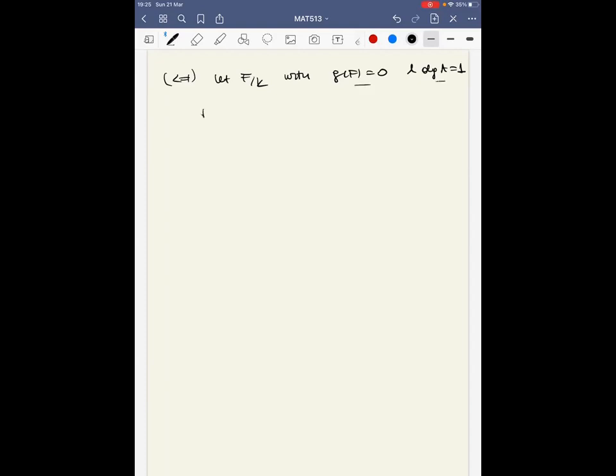And in this case, let me observe that degree A is bigger than or equal to 2g minus 1, because in this case, 1 is always bigger than minus 1.